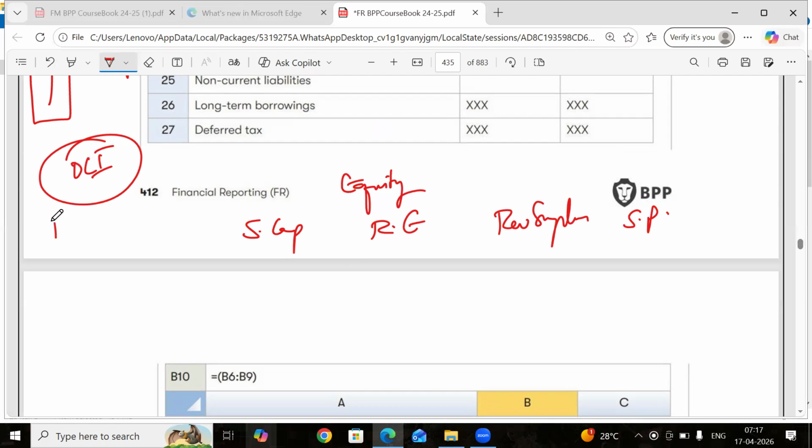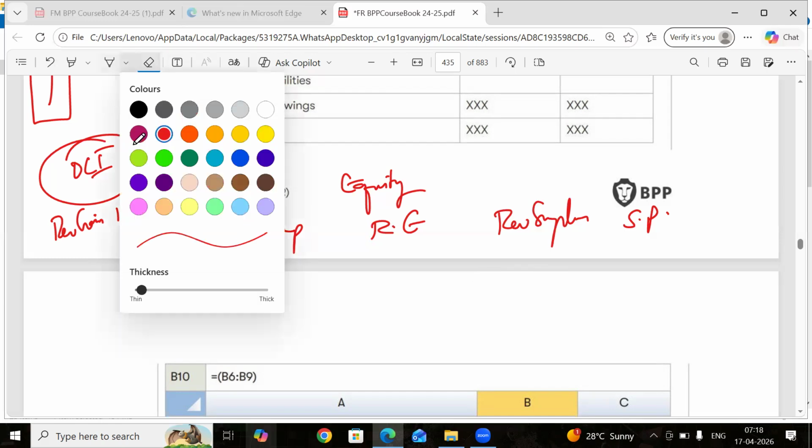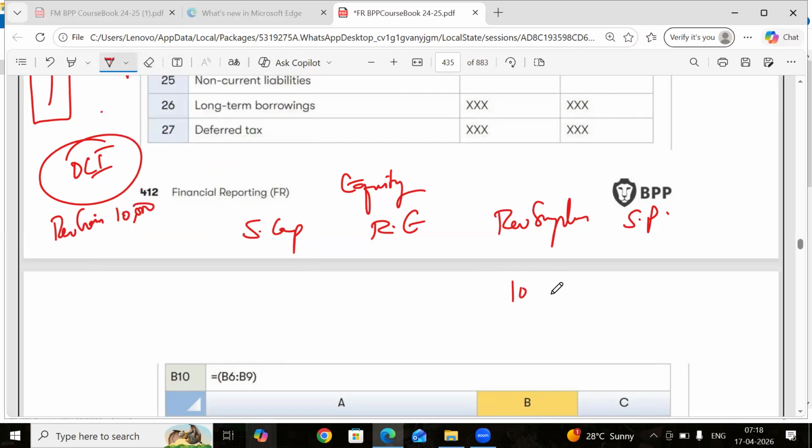So in OCI you have shown a revaluation gain, let's say 10,000. So here also you have to write revaluation gain or surplus, just the amount, because this is a surplus account only. It's 10,000. That's the way. Okay.